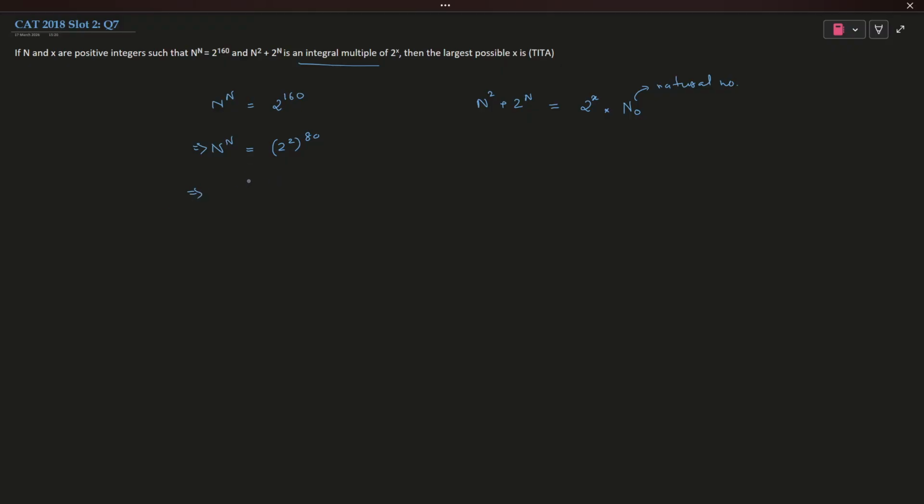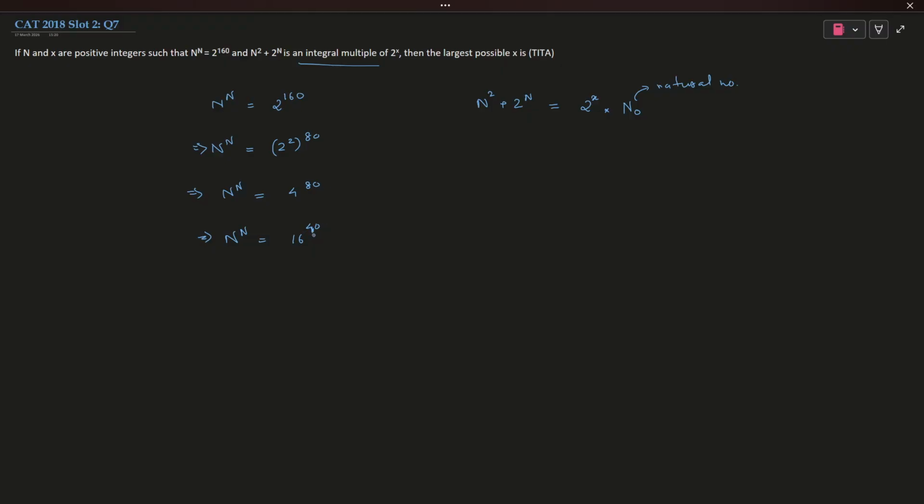From here it will be n to the power of n equal to 4 to the power of 80. So still not in the form of n to the power of n. If I take another 2, I will get 4 square is 16, and 80 divided by 2 will give me 40, so 16 to the power of 40.